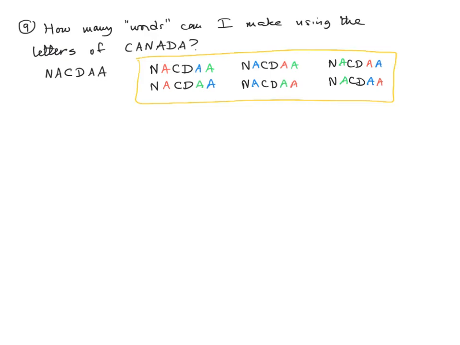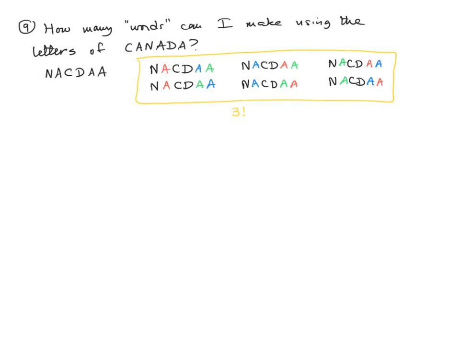Now there are exactly 3 factorial ways that I could have made these rearrangements of the letter A, because I have 3 choices for what color goes as the first A, 2 choices for what color goes in the second A, and then 1 choice for what color goes in the third A. So there are 3 factorial different ways of arranging the A's within a particular word.